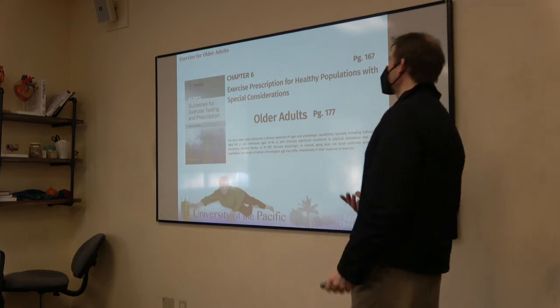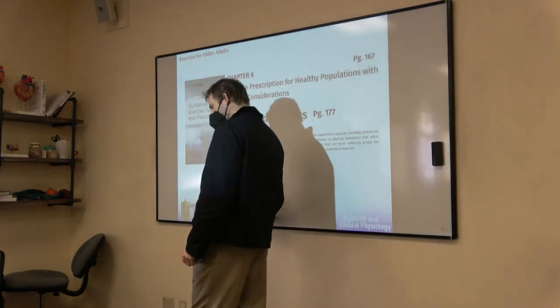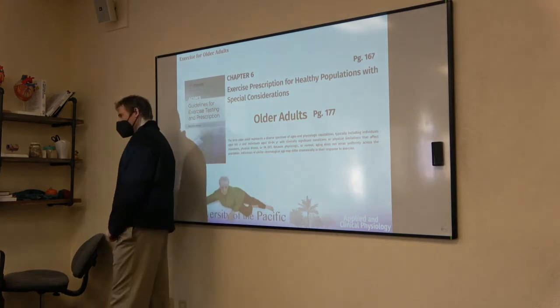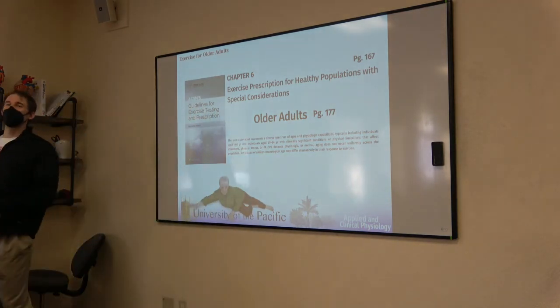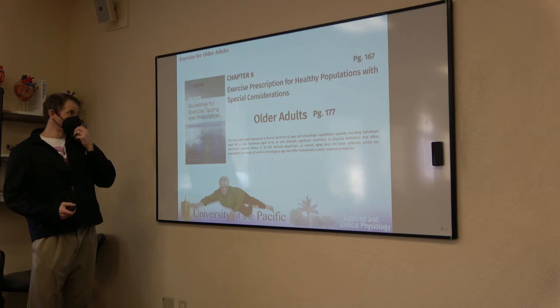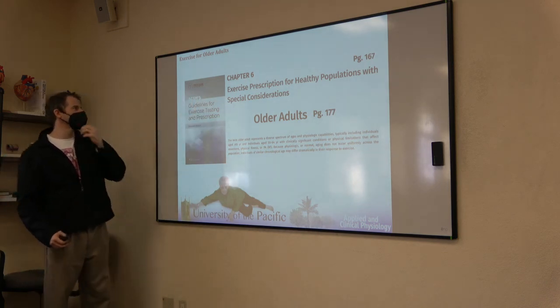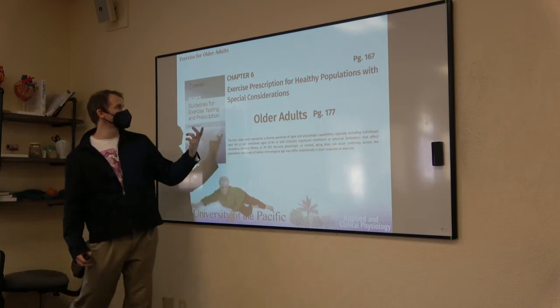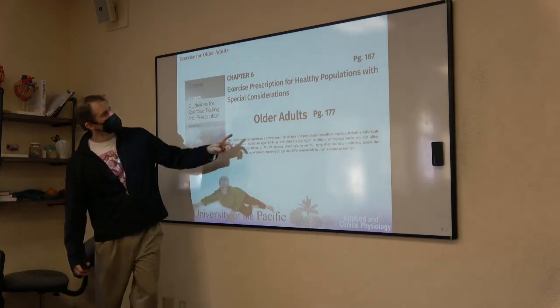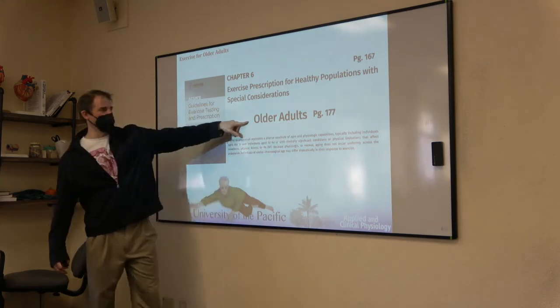So at the start of today, I said I would show you a very simple summary of what to do with older adults. So from the same book, the 11th edition, ACSM testing and prescription guidelines, page 177, they're talking about older adults.